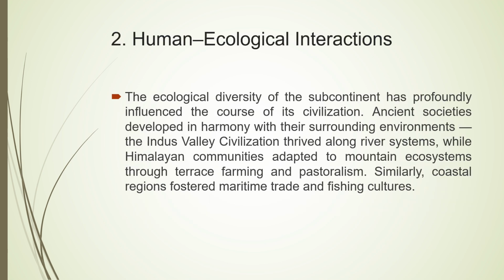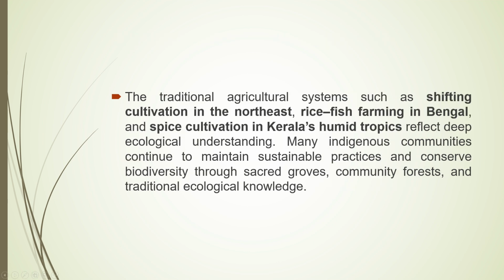2. Human ecological interactions. The ecological diversity of the subcontinent has profoundly influenced the course of its civilization. Ancient societies developed in harmony with their surrounding environments. The Indus Valley civilization thrived along river systems, while Himalayan communities adapted to mountain ecosystems through terrace farming and pastoralism. Similarly, coastal regions fostered maritime trade and fishing cultures.